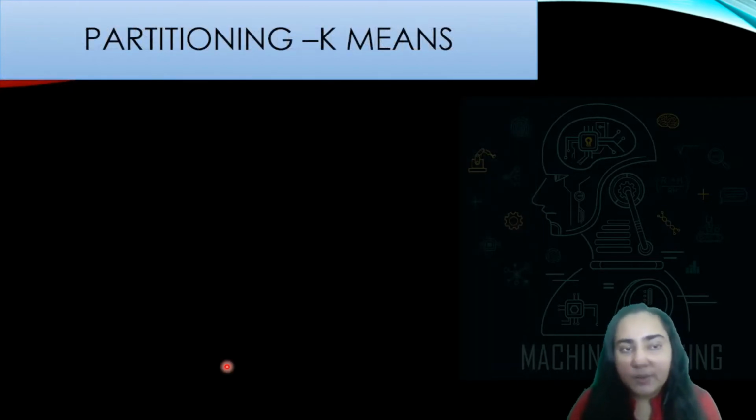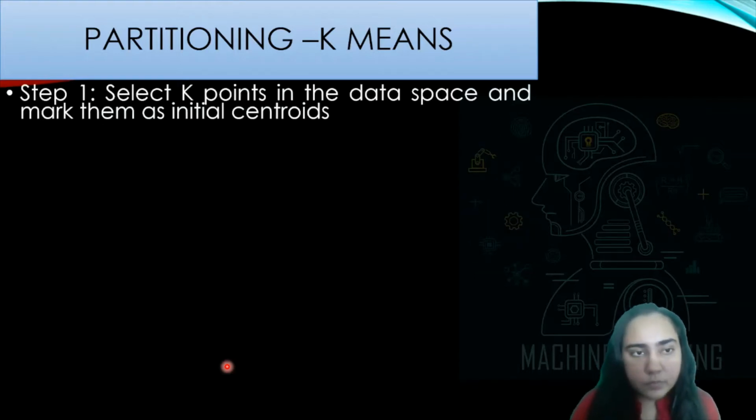Now let's talk about the partitioning method. In the partitioning method, the first algorithm we are going to look at is the K-means clustering algorithm. And in the next video, we'll look at the other one, which is the K-medoid algorithm. So what happens in the K-means clustering algorithm? In the first step, you select K points in the data space and mark them as initial centroids.